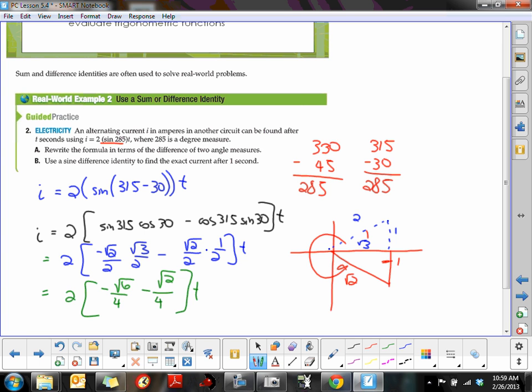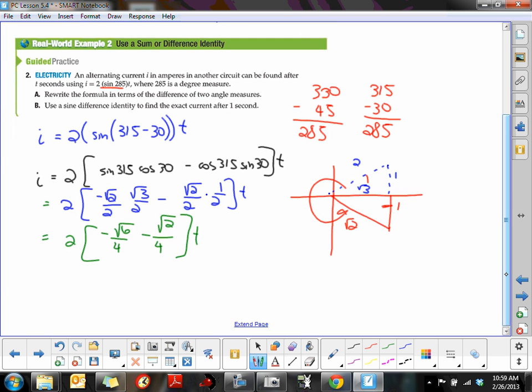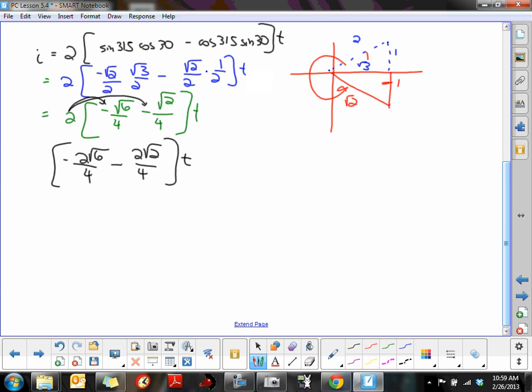And we can do at least one more simplification. If we distribute the 2 and multiply both of these by 2, we'll have negative 2 times the square root of 6 over 4 minus 2 times the square root of 2 over 4, all times time. Then we can reduce our fractions again.